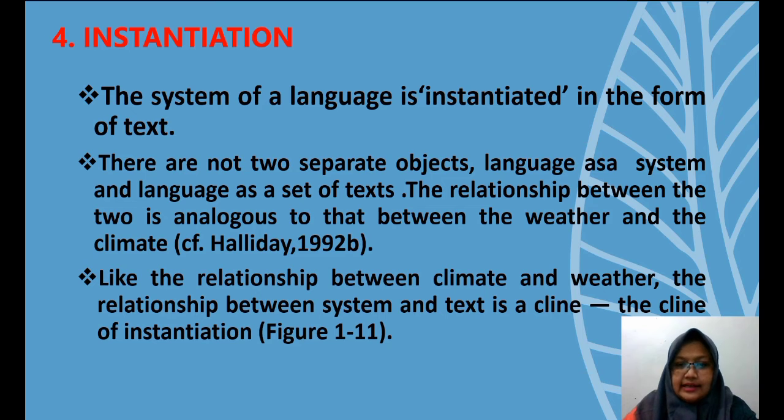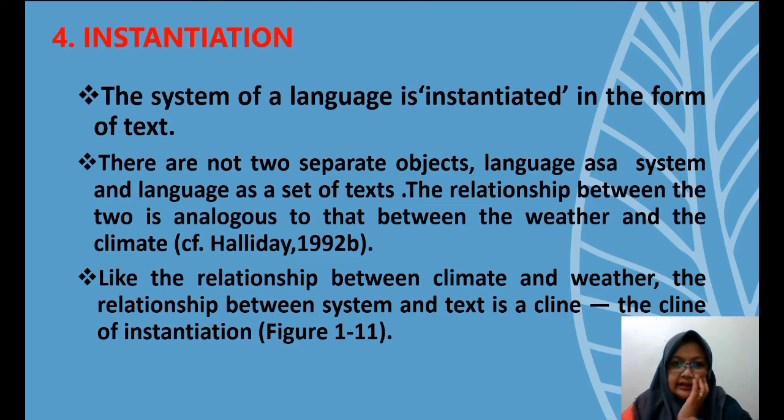So Halliday analogizes the relationship between the system and the text to the relationship between weather and climate. Like the relationship between climate and weather, the relationship between system and text is a cline of instantiation.